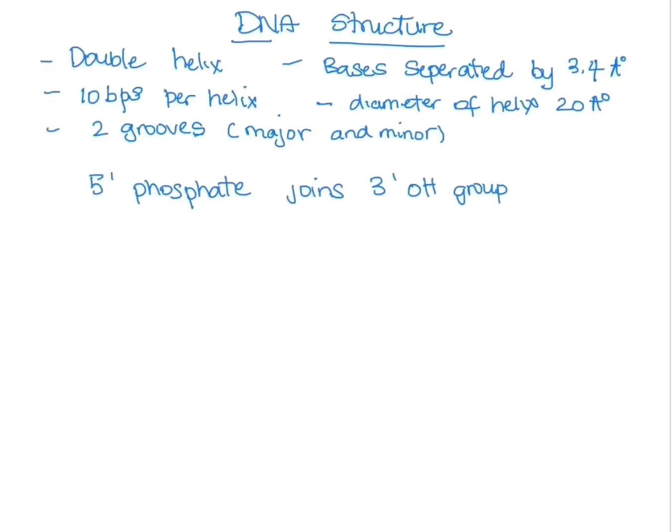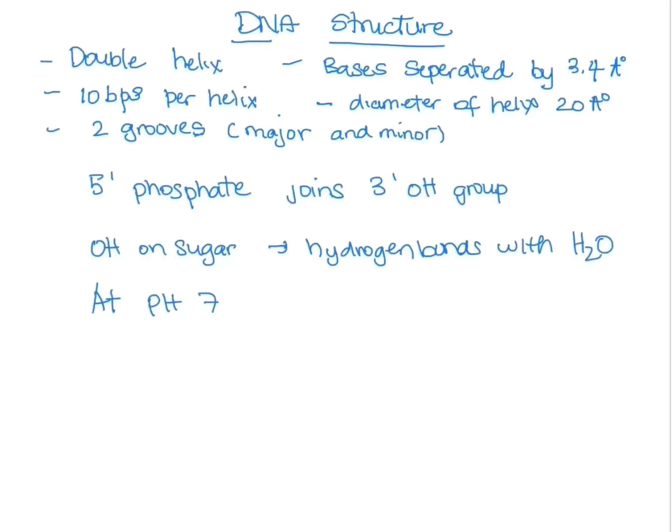Within the DNA structure, there are many bonds. 5' phosphate group on a nucleotide joins to the 3' OH group on another nucleotide. Also, the OH group on the sugar, which is within the nucleotide, binds to water to form hydrogen bonds.